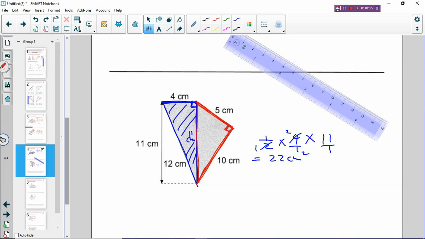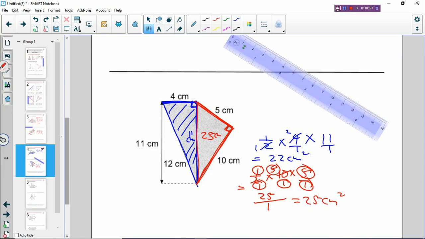So you have half times base times height, and then you cancel, 10 divide by 2, and 10 divide by 2. Then what do you get? You circle the numbers you never cancel. So you have 5 times 5, that will be 25, and then 1 times 1 times 1. What's the area of the shaded triangle? 25 cm square.